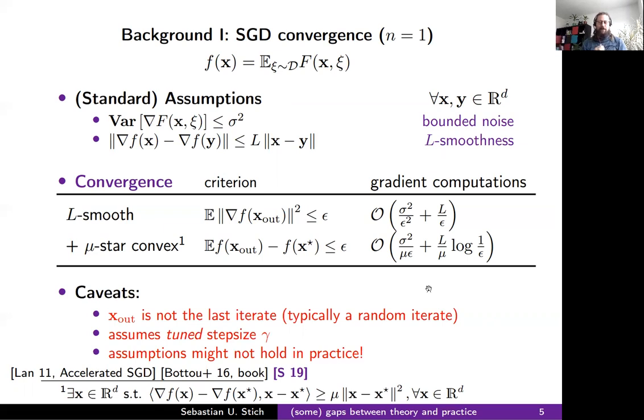And also important is that these results depend on the optimal choice of the step size. So it basically includes already step size tuning. And I think more importantly, we are not sure if these assumptions hold in practice. So this is just if these assumptions hold, then we get these guarantees.